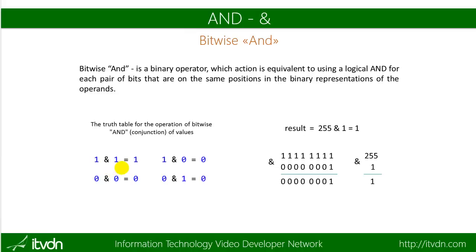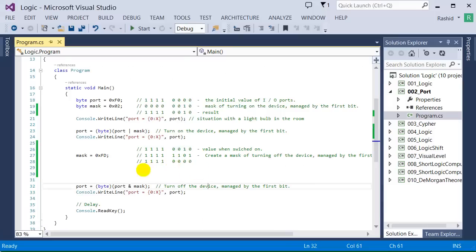It's only when we have 1 and 1. All the other cases will not affect our devices in any way. So what do we do here? What we do here is we use the AND operator. You can see it here, AND operator. Because we need to have 1 and 1, we need to get 1.